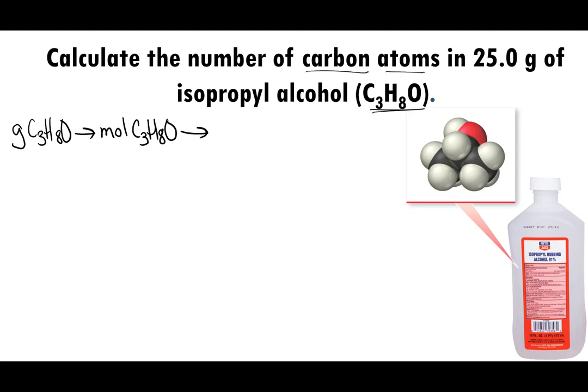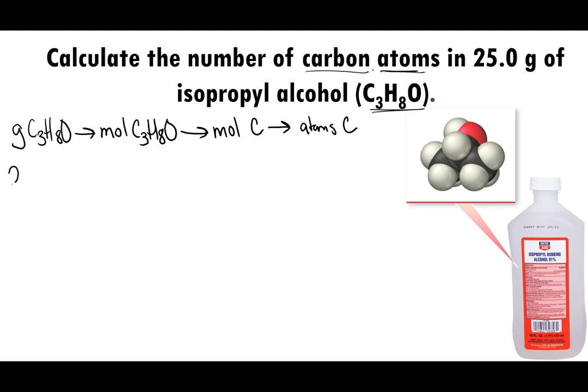Then it's not asking about the molecules of that whole thing. It's just asking about carbon. So then I'm going to go to moles of carbon. And then lastly, atoms. Okay. All right, let's dive in.